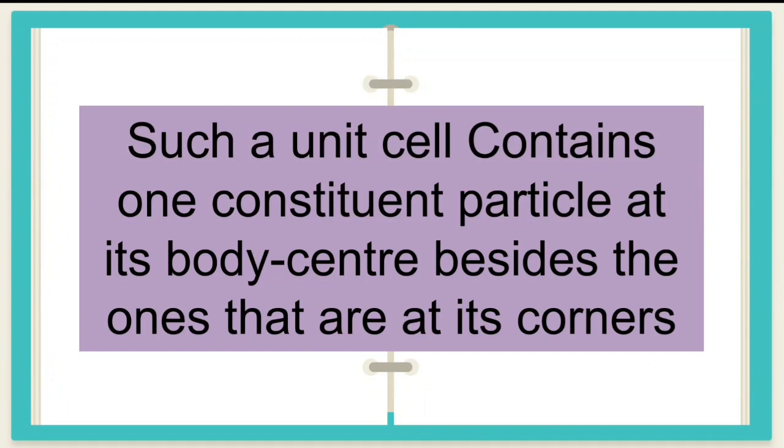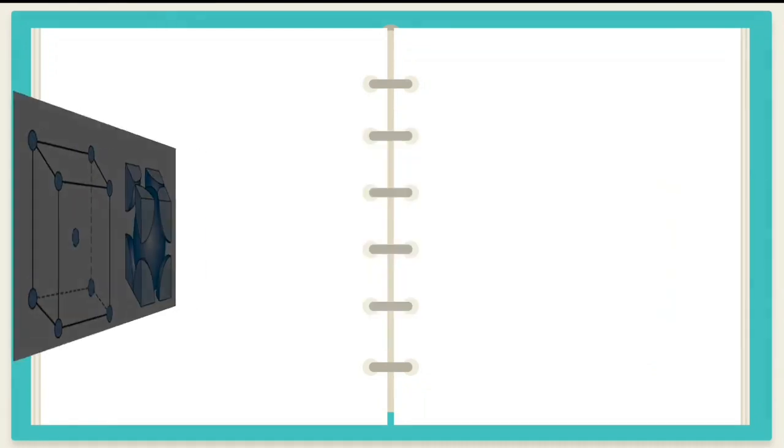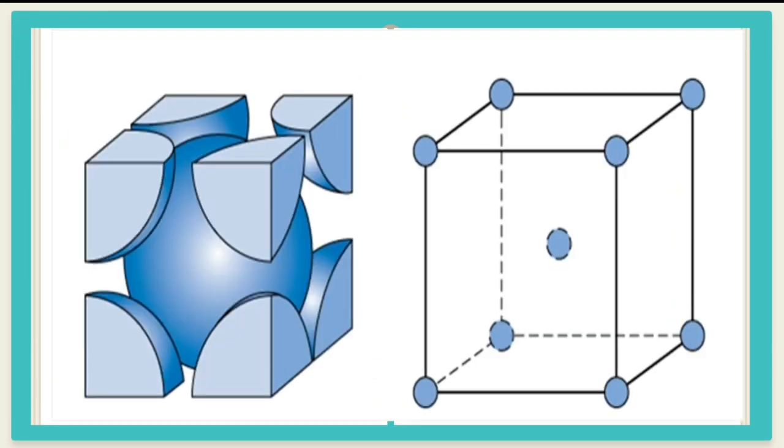In centered unit cells, particles are present at the corners plus at other positions also. Here, particles are present at the corners, plus one particle is present at the center of the unit cell, just like you can see in the image.